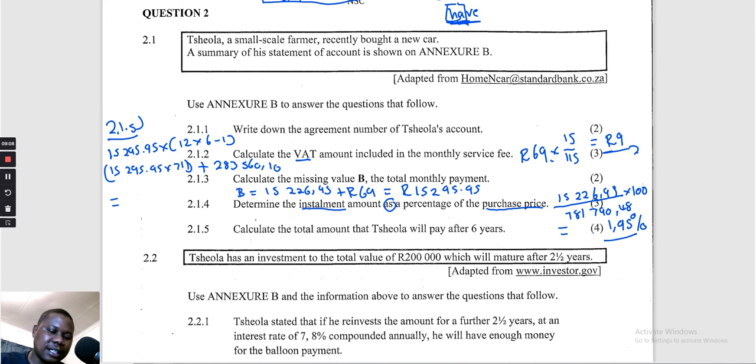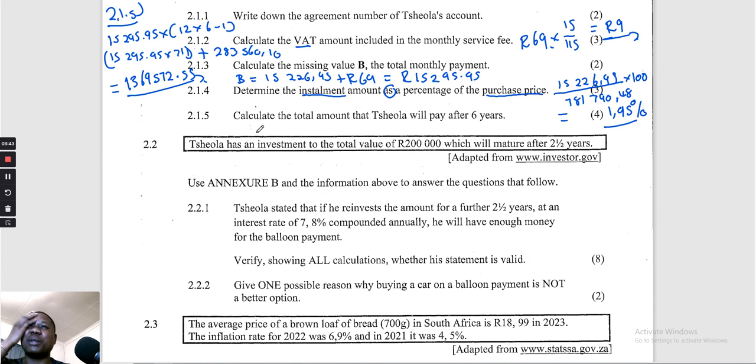That is 1,086,012 rand 45 cent. Then we add that with 283,560.10, and then that gives me a total of 1,369,572.55. There we have it. Okay, then let's go to 2.2.